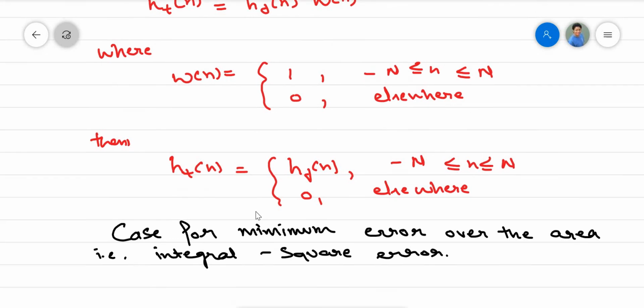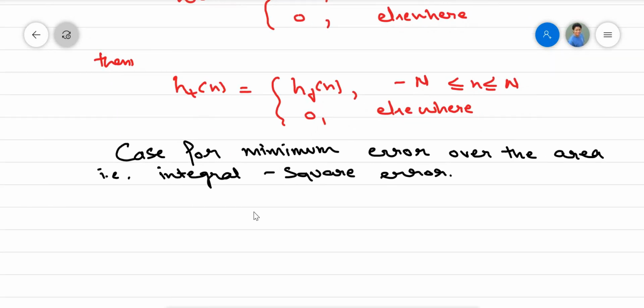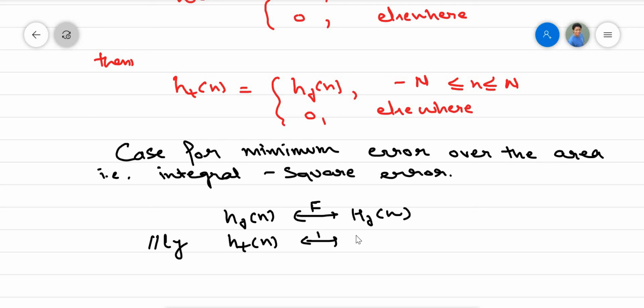right? We already know h_d[n], discrete Fourier transform, leads to H_d(omega). Similarly, for h_t[n] we will have H_t(omega).